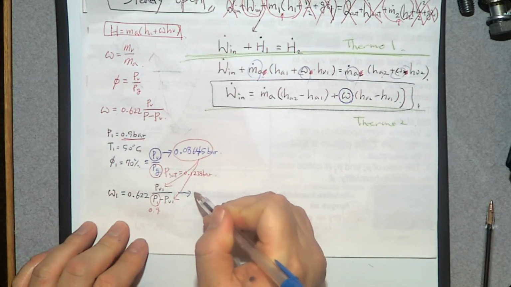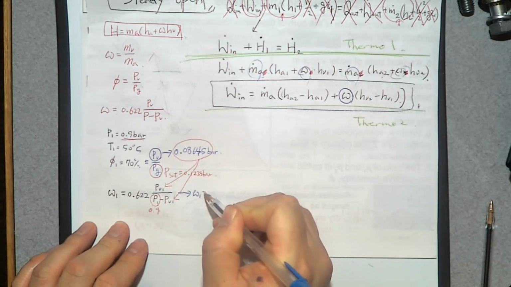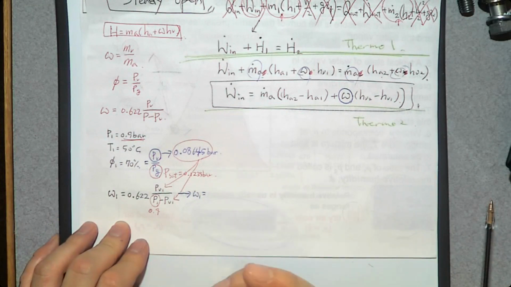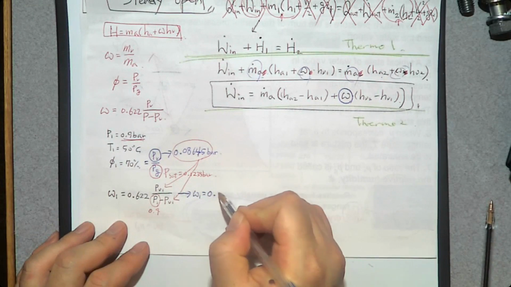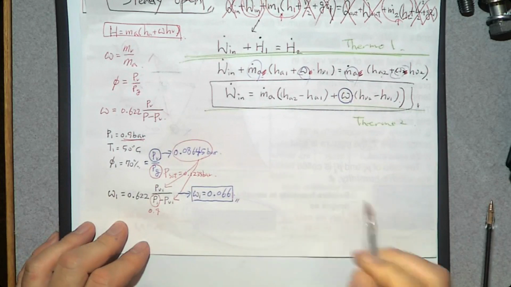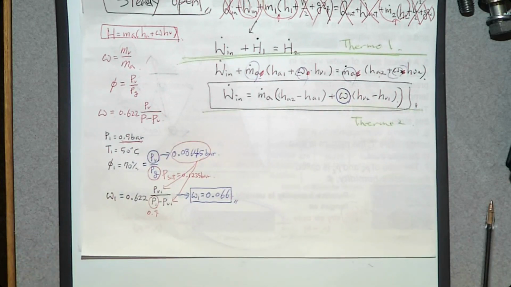From this equation, omega 1, the humidity ratio, is going to be 0.066. Then you can say omega 1 is the same as omega 2.